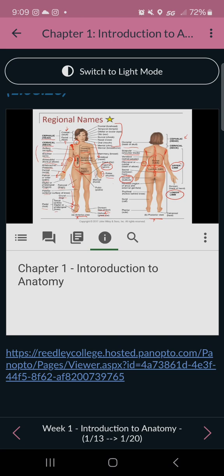And then here we have the perineal, which is the region of the anus and external genitals. We have the back of the knees, which is called the popliteal region. And then the calves are called sural. And then the sole is called plantar. And then finally, the heel is called calcaneal.